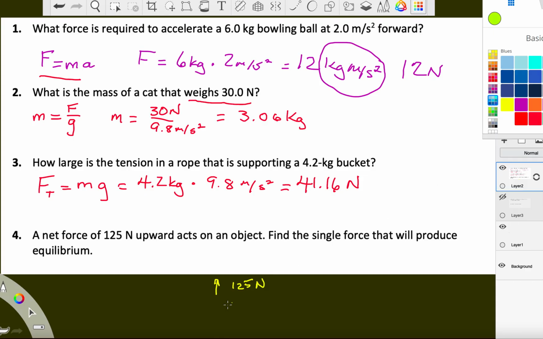Well, we have to have a force pulling downward with the same amount: 125 newtons going down. So this one's up, and this one would be down. Sound good? Great. So we'll move on to the next one.